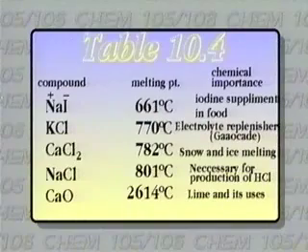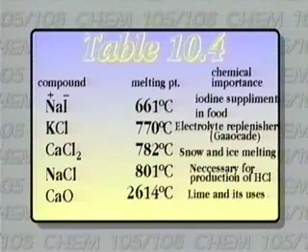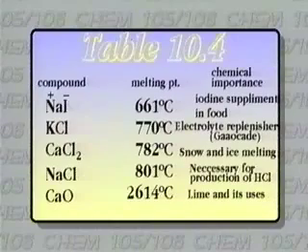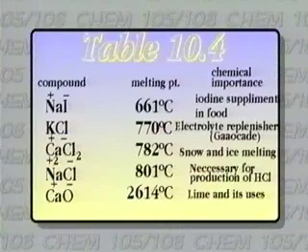Notice that if we look at the relative charges, sodium iodide is a +1 and a -1. And potassium chloride is a +1 -1. And calcium chloride is a +2 -1. Sodium chloride +1 -1. And calcium oxide +2 -2.